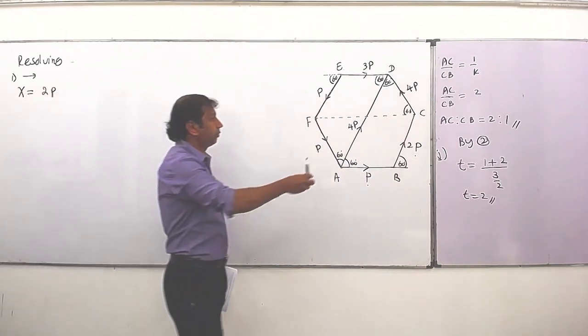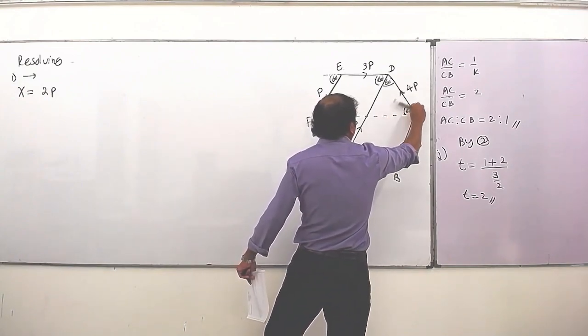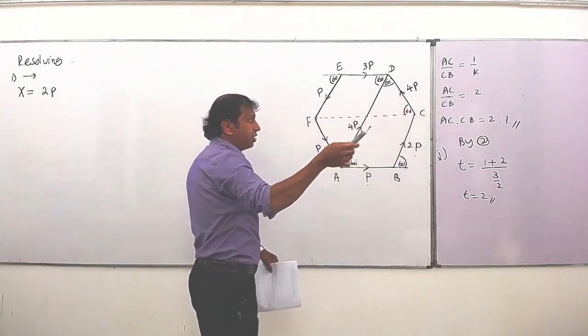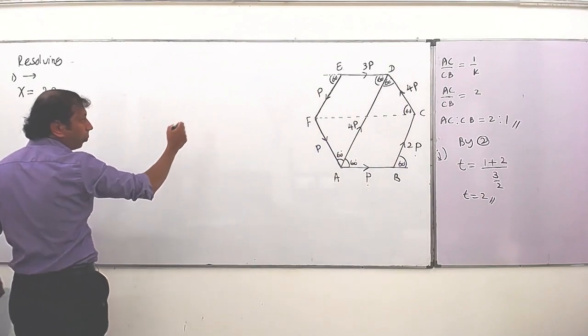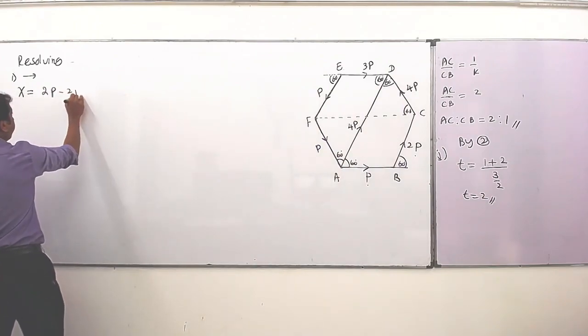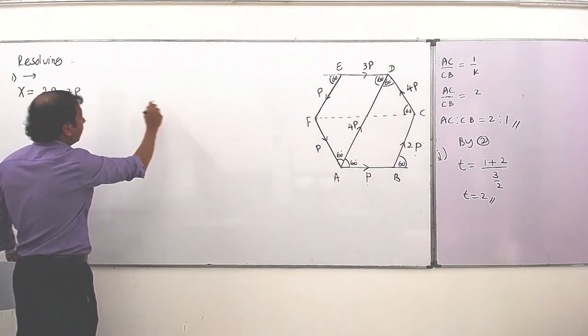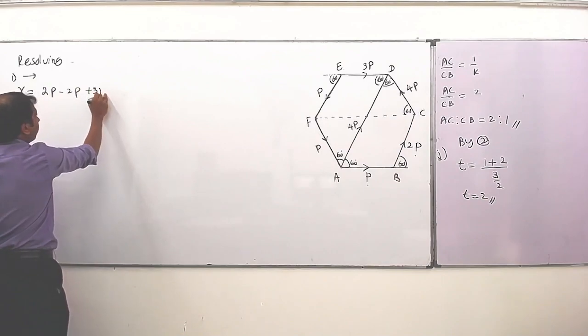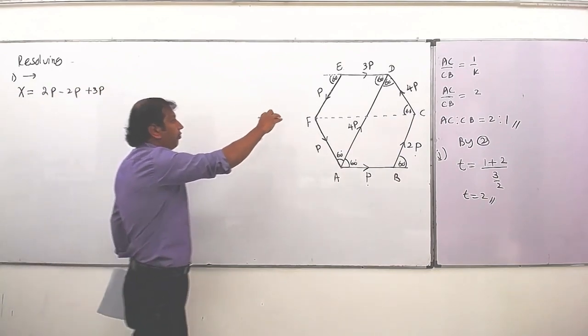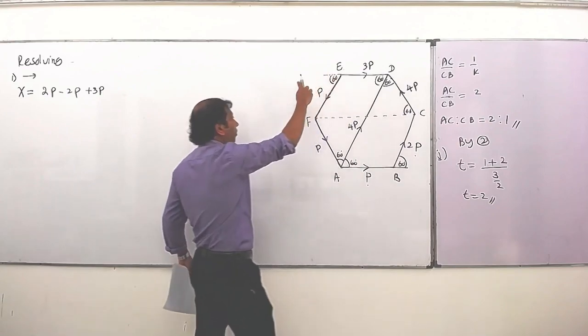Here we get 4P cos 60 leftward. Cos 60 is half, no? 4P into half is 2P but minus. And 3P rightward plus 3P. P cos 60 leftward. Minus P by 2.